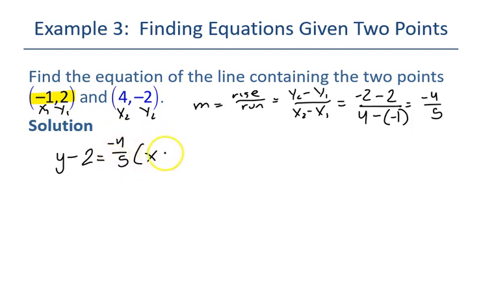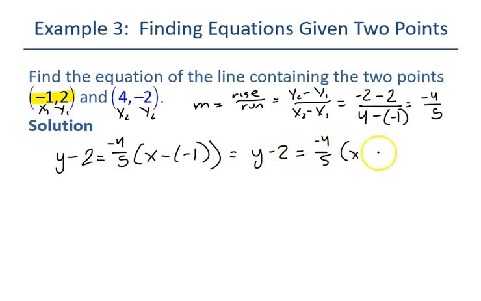And then I've got x minus, notice I've got a -1 here. Put that right there. And then close off the parenthesis. Okay, now I'm going to start distributing everything. But I guess I could simplify the inside of that real fast. I could put y minus 2 equals -4/5 times (x plus 1). Okay, well, let's go and distribute this guy out.